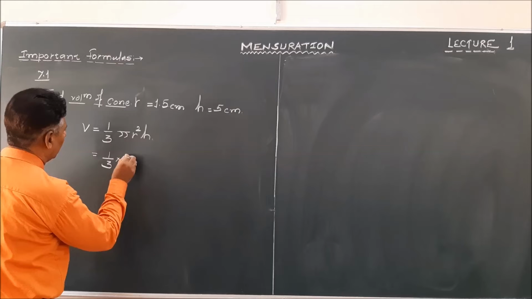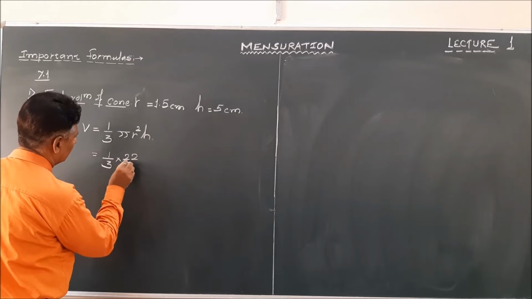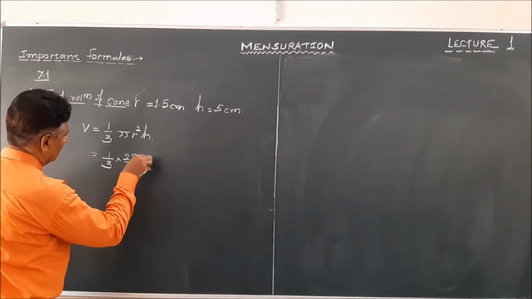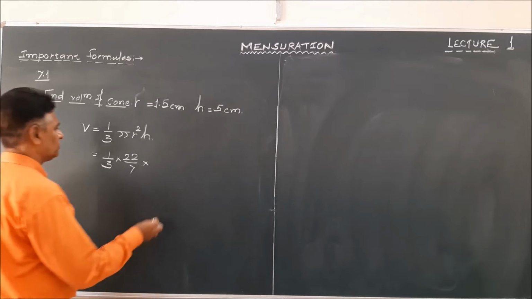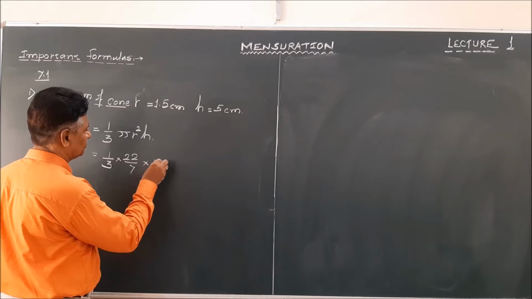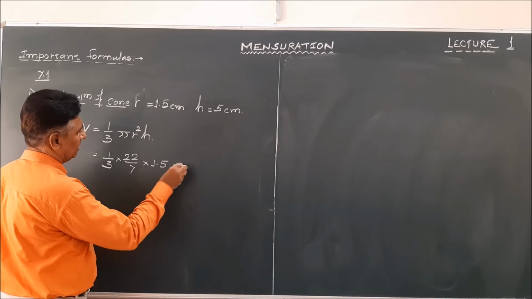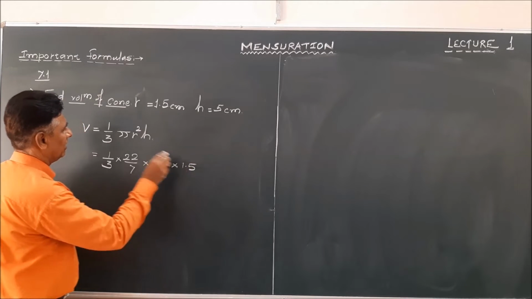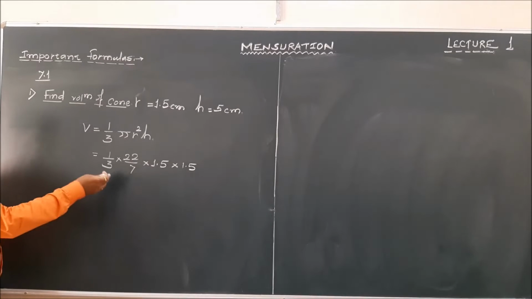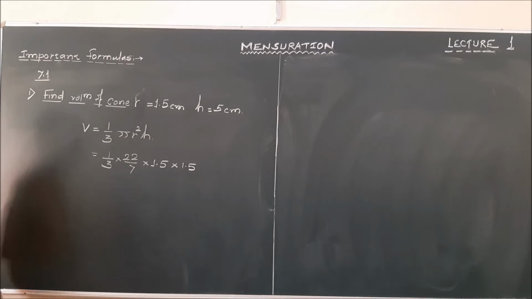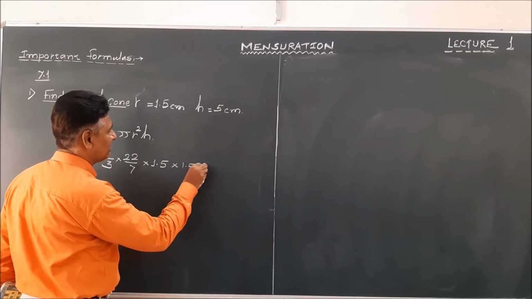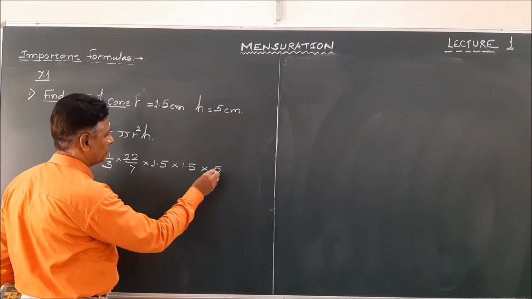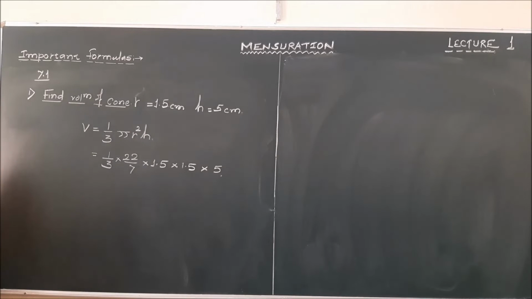Value of pi, since it is not mentioned, you can take it as 22/7. Radius square is 1.5 into 1.5. H is given as 5.